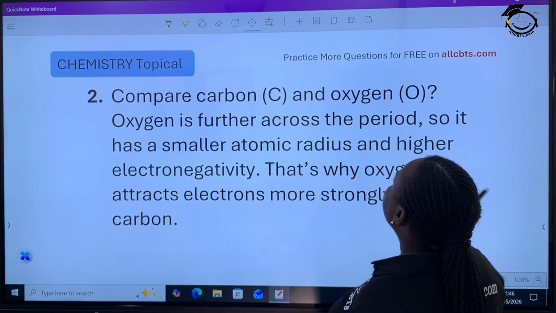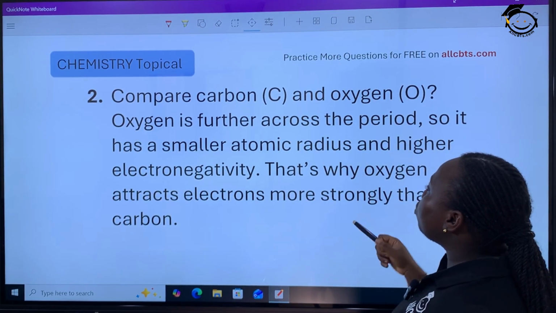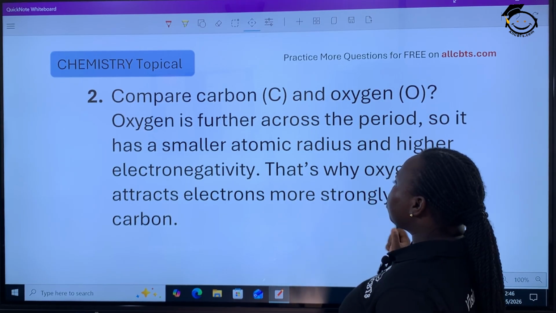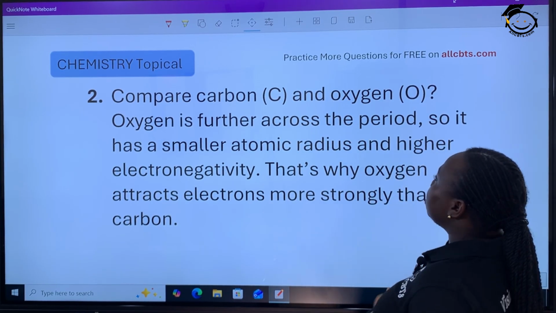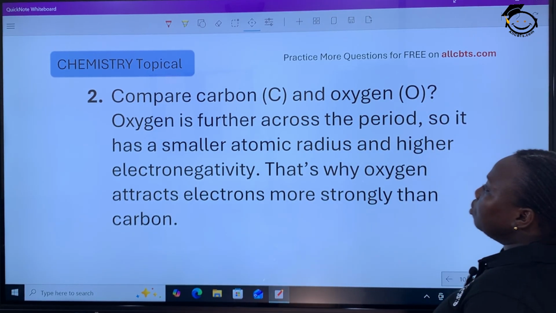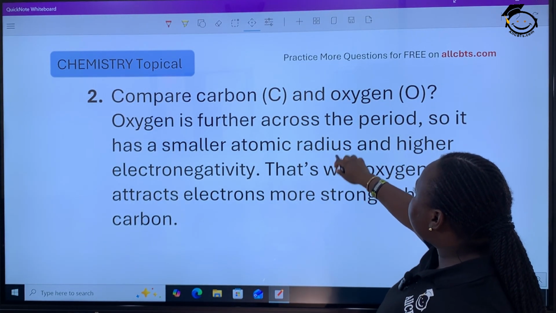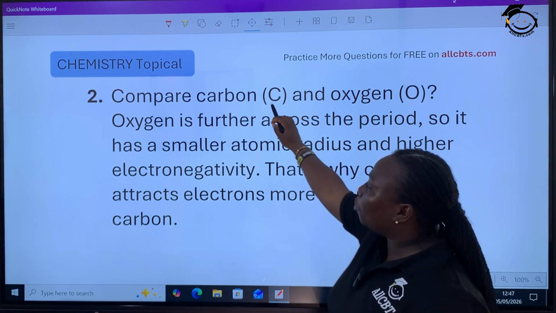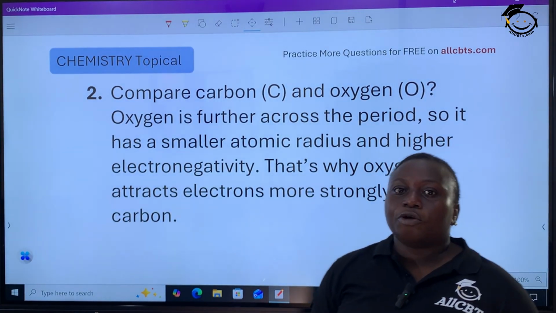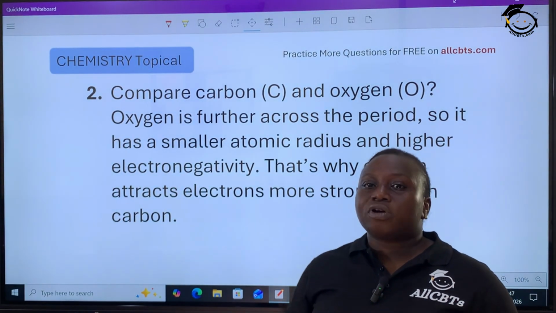To compare carbon and oxygen. Oxygen is further across the period, so it has a smaller atomic radius and higher electronegativity. That's why oxygen attracts electrons more strongly than carbon. So we have seen that across the period, the atomic radius is decreasing, and oxygen is further than carbon, because sometimes your question can come like that. They can say compare carbon and oxygen, but will not tell you which of these ones has higher radius, which one is more electronegative.